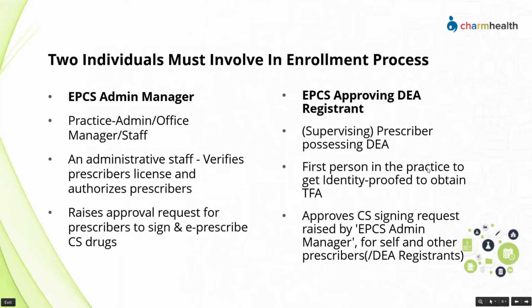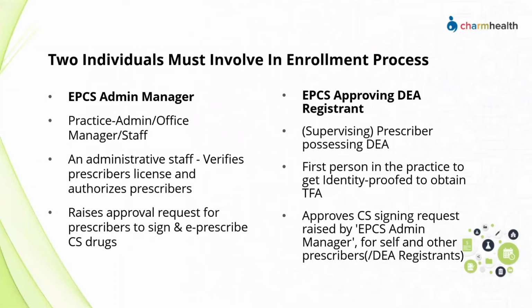Now, the DEA registrant is actually going to be prescribing the controlled substances. They'll need to put in a bunch of information. They'll go through identity proofing, including their home address, their NPI, their state license number for any state they're going to be registered with, DEA number for any states they're going to be prescribing in, and also their social security number.